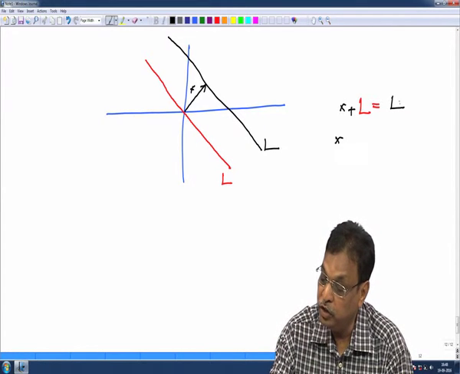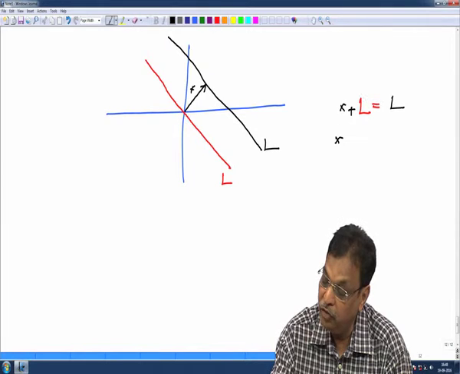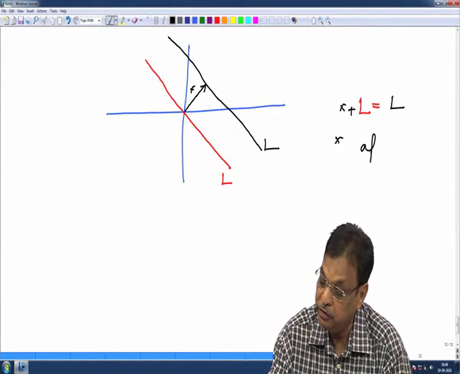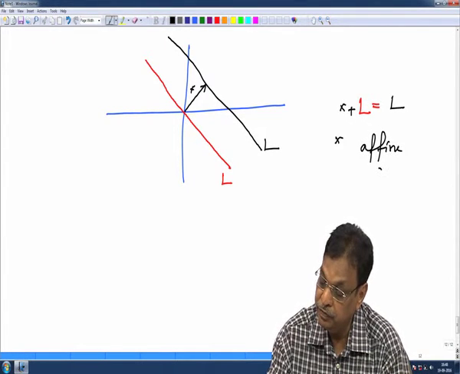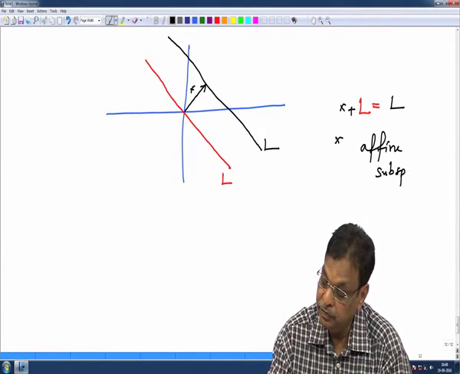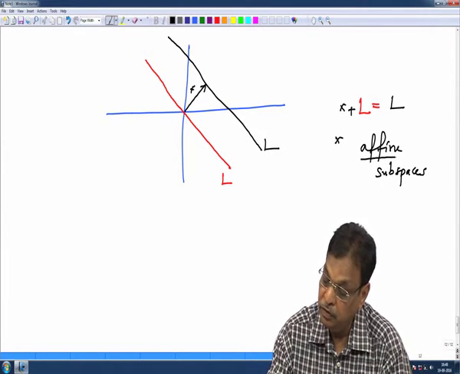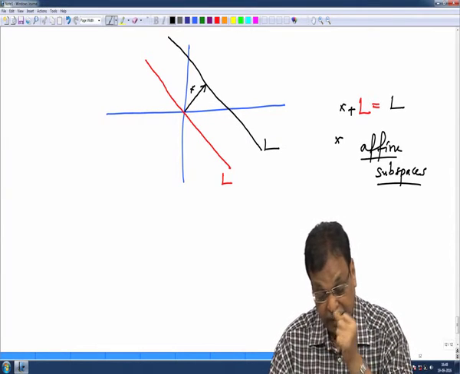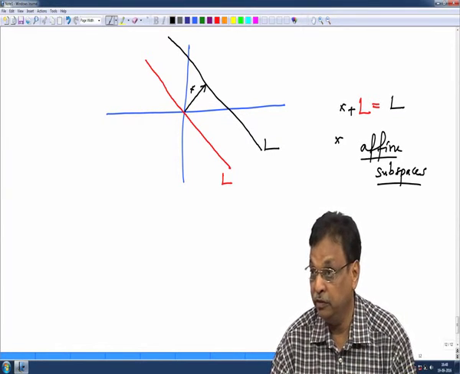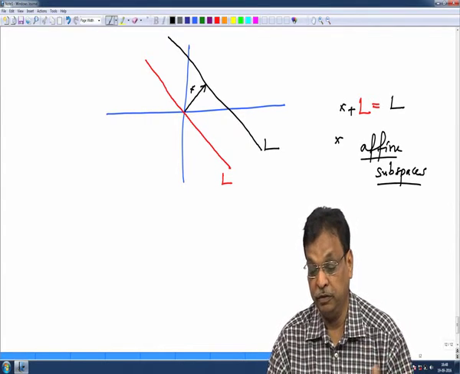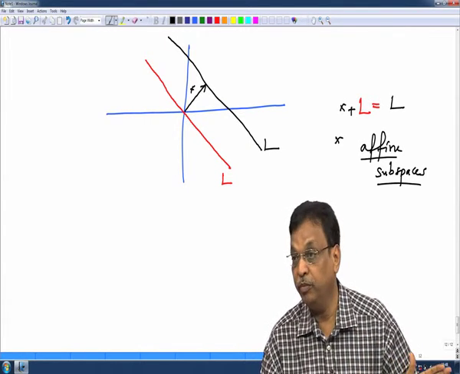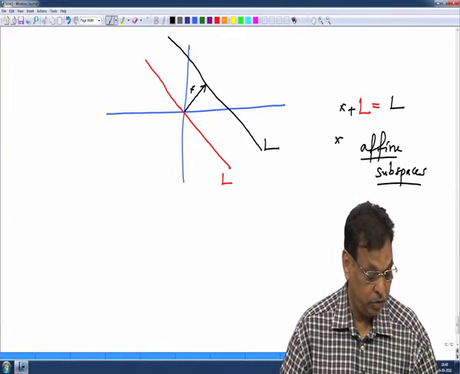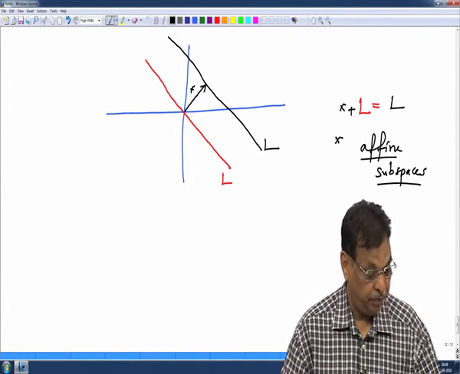So, to study such lines, one would study what are called affine subspaces, which are translations of the subspaces. Similarly, one can study in general hyperplanes which are not necessarily subspaces, but which are translates of the hyperplanes passing through the origin. Okay.